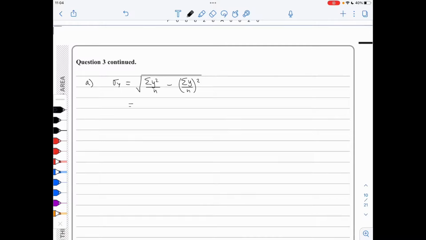So I will replace 5912 over 30 minus 214 over 30 all squared, rooted. This is giving me an answer of 12.09. We know that the standard deviation is not affected by adding or subtracting constants, so the standard deviation of y is equal to the standard deviation of x, and therefore the standard deviation of the daily mean pressure is 12.09 hectopascals.